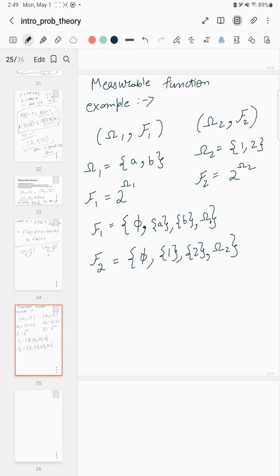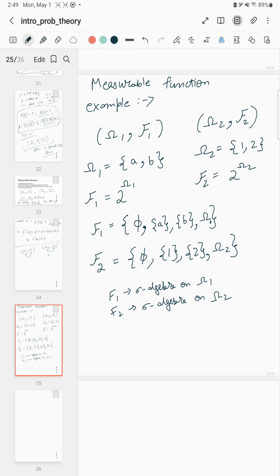Okay. And similarly, we had seen that since it's a power set, f2 is also a sigma algebra. So f1 is a sigma algebra on omega 1, and f2 is a sigma algebra on omega 2.